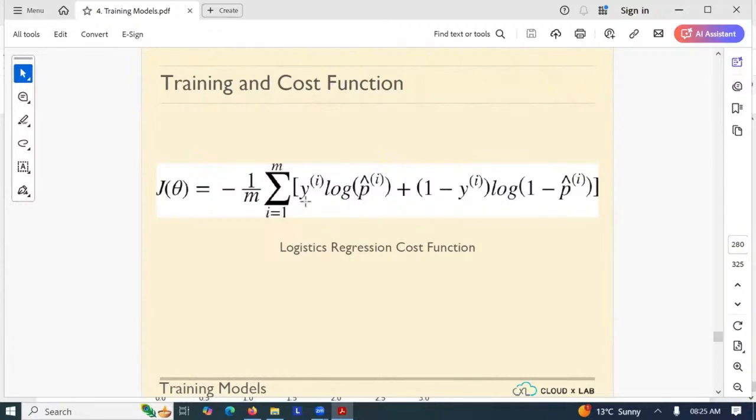So if you put y 1 p cap 1 or y 0 p cap 0, the loss is zero. If there is a mismatch, which means either the actual label is 1 and the model is saying 0, or the actual label is 0 and the model is saying 1, right? In both of these cases, we will get a very high positive number.